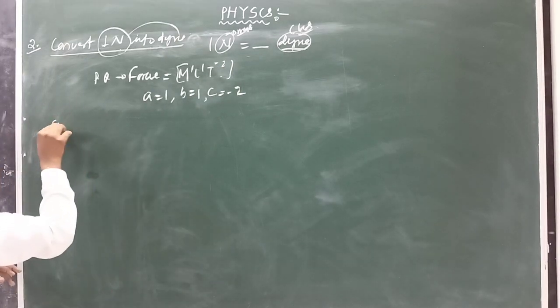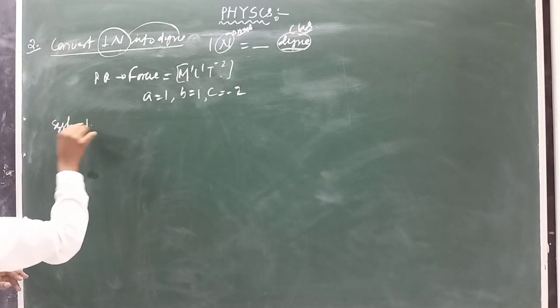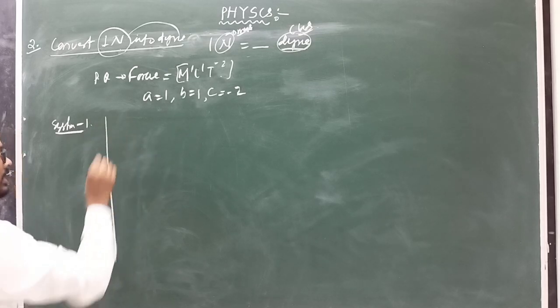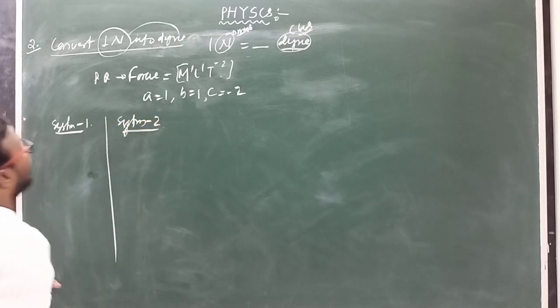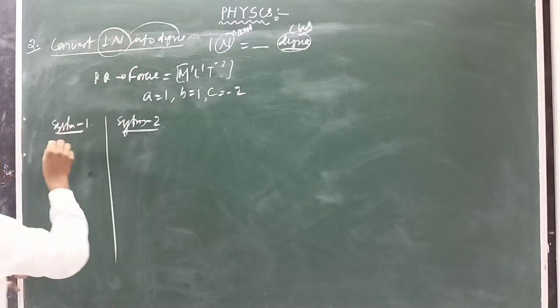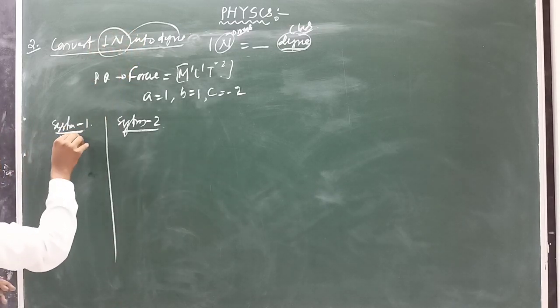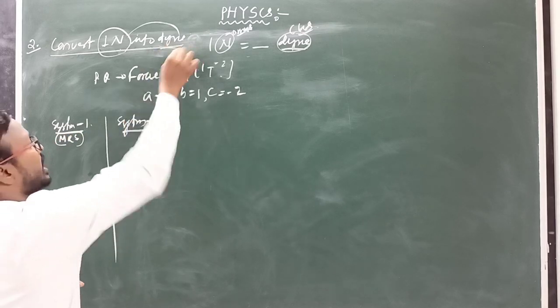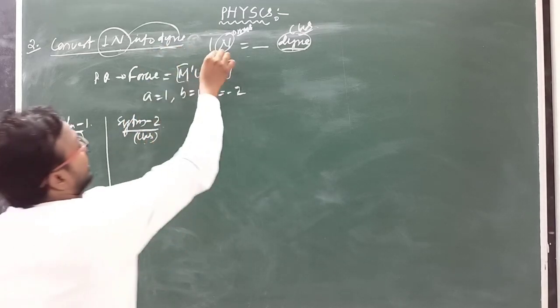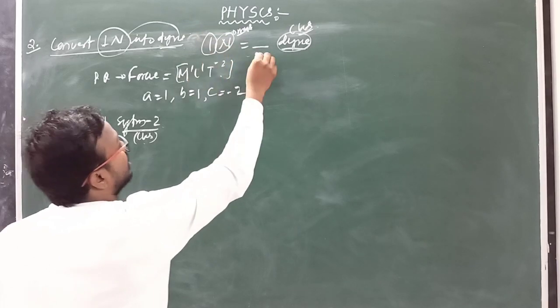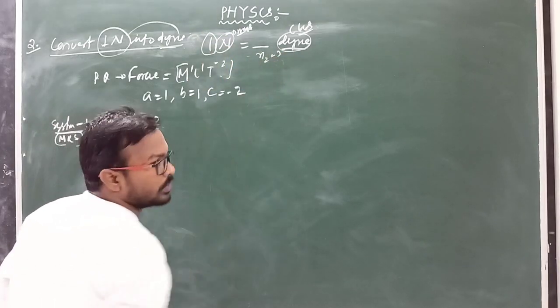Next we have to write system number 1 and system number 2. System 1 is Newton, the MKS system, and system 2 is dyne, the CGS system, and given that N1 equals 1.